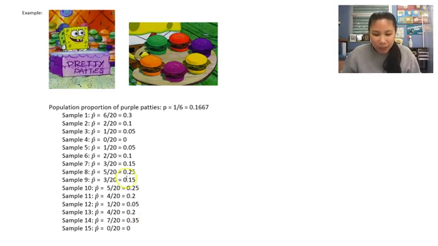So these numbers right here are a very small subset of the different proportions of purple patties.